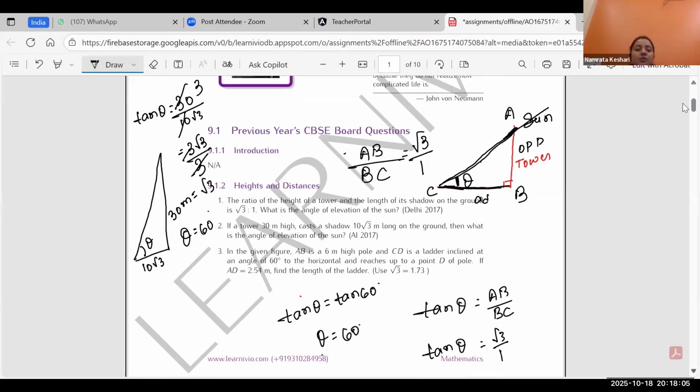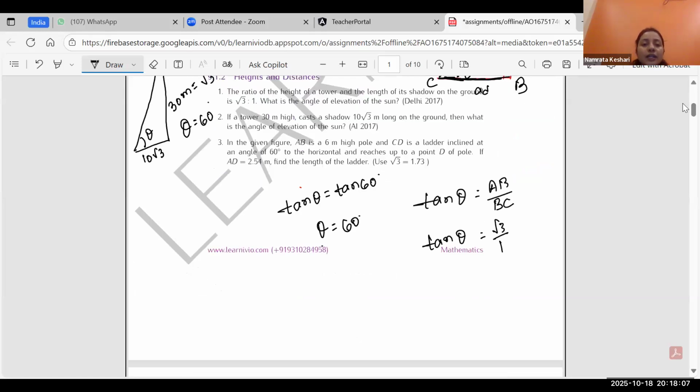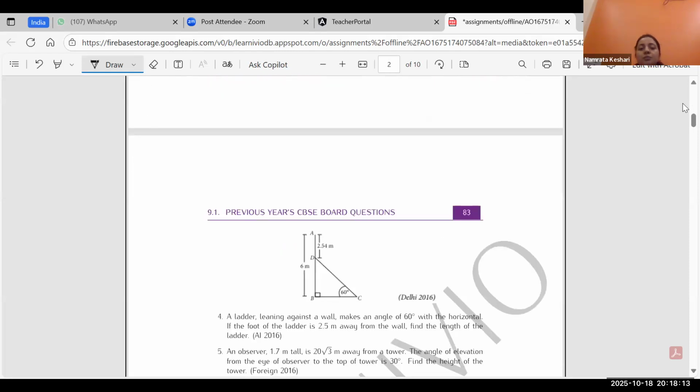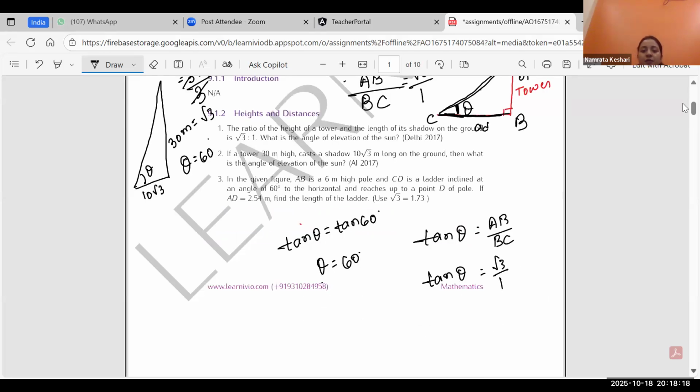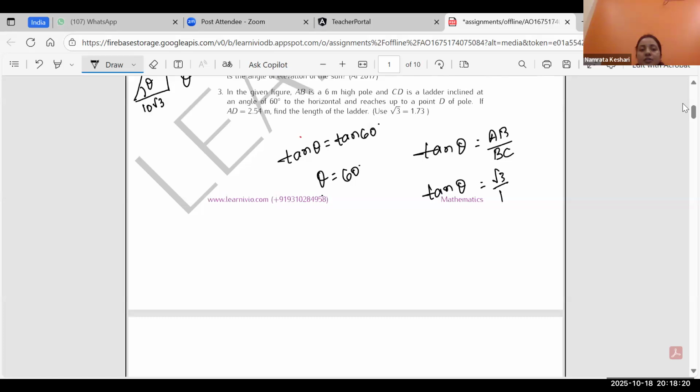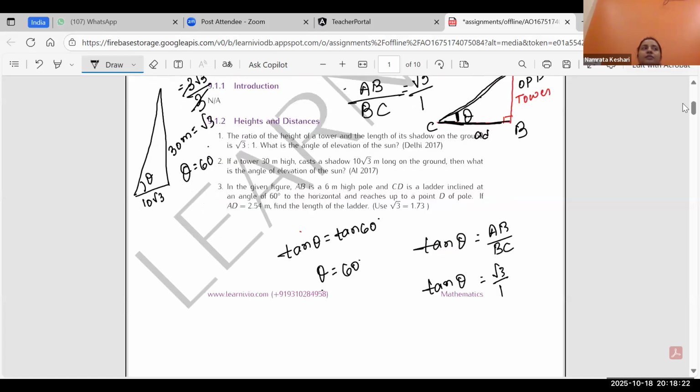Okay, let's do the next one. In the given figure, AB is 6. Teacher, are these questions from the board? Yes, these are from PYQ, the previous year question papers. The most important thing about this PDF is that when you solve PYQs, you will find categories of questions, that this type of question is also there, that type is also there. We are trying to keep all the types over here.